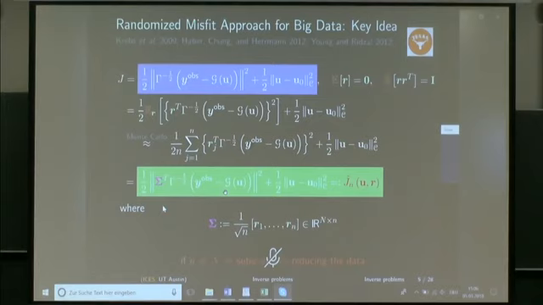That's crucial, because sigma has dimension capital N by little n: capital N rows, the same as the data dimension, and little n columns, the number of random vectors. If you take the transpose, the misfit now has a much lower dimension n. Especially if little n is much smaller than capital N, we substantially reduce the data. So this is a projection of data into a random matrix or random space.